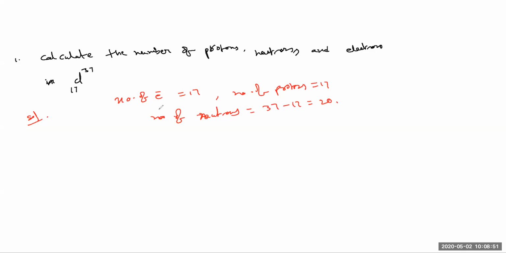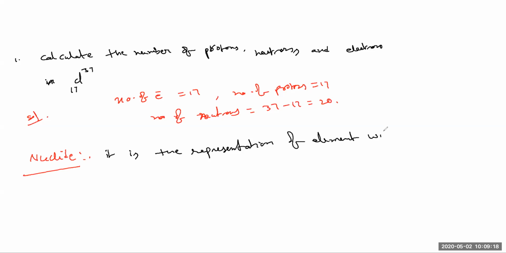Next, come to nucleides and isotopes. What is meant by nucleide? A nucleide is the representation of an element with its atomic number and mass number.